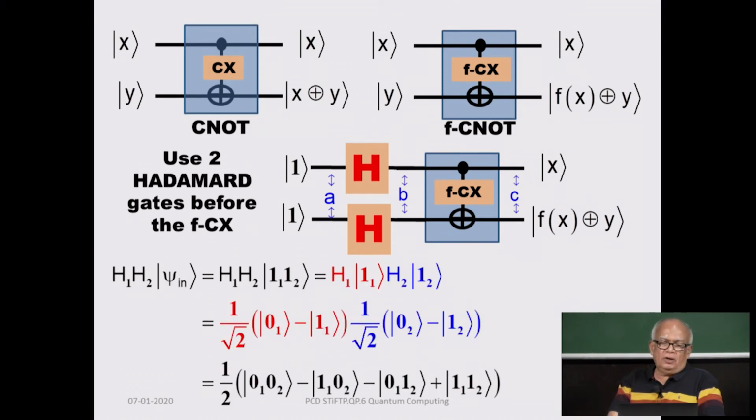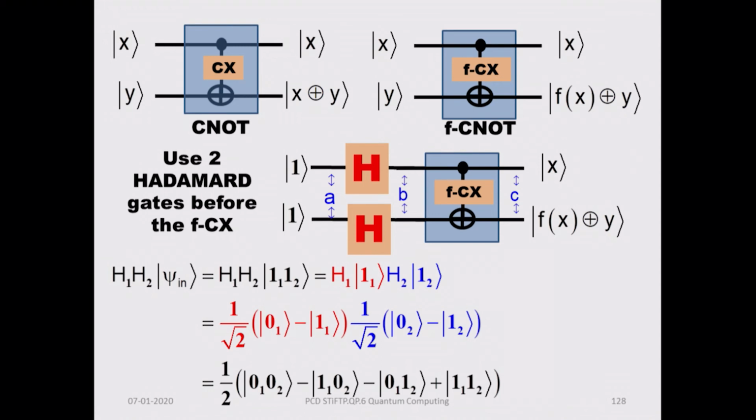Okay. So, you have the 2 Hadamards on the input 1 1. You begin with both the qubits in state 1. So, you have H1 and H2 on 1 1. This is an unentangled state.